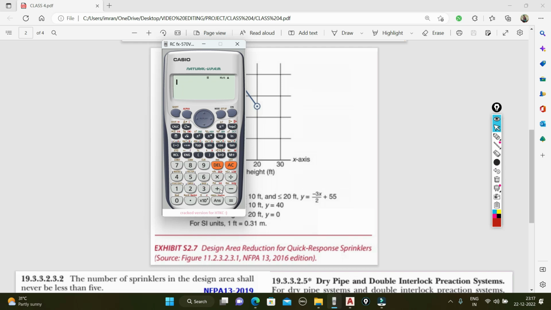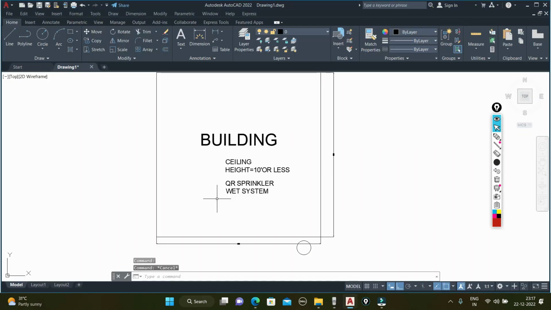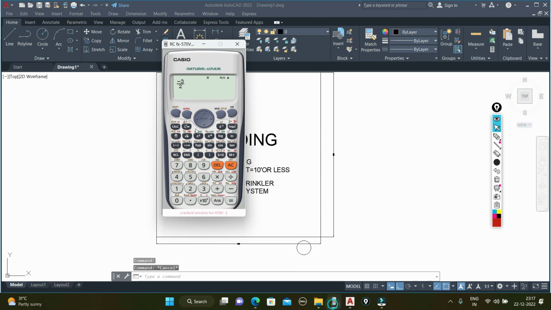How much percentage will the area of operation reduce? We will consider minus 3 by 2 multiplied by the ceiling height, 40 feet, plus 55. So our area of operation will be reduced by 34%.